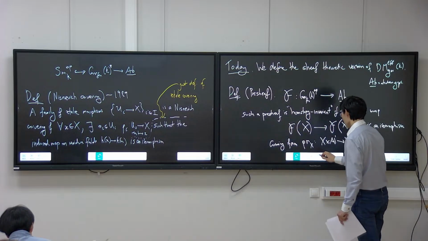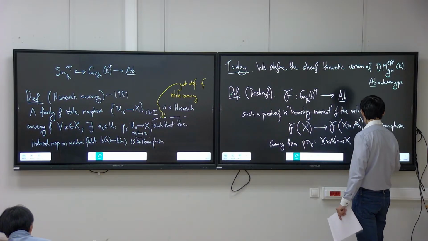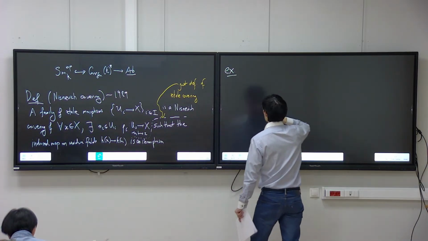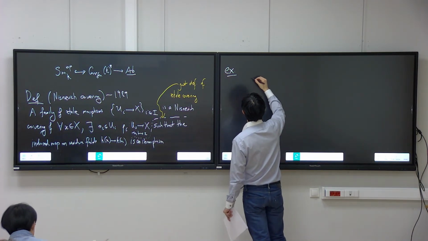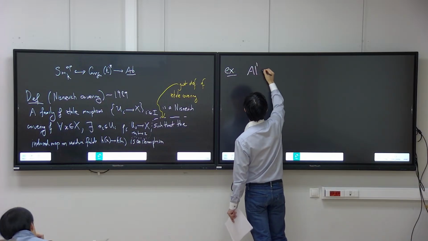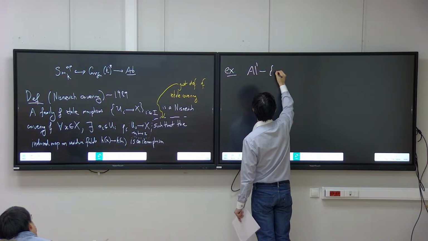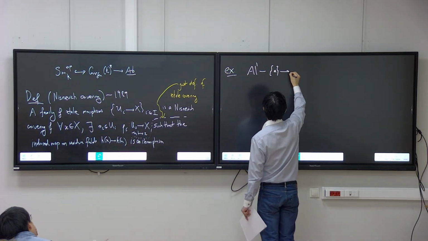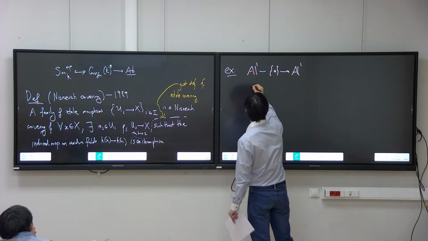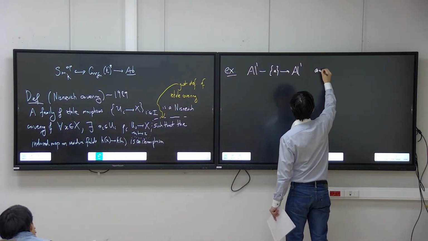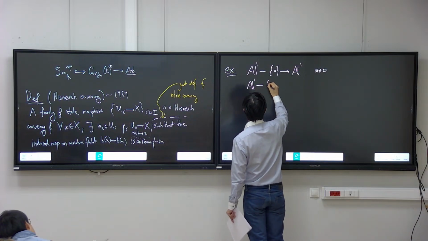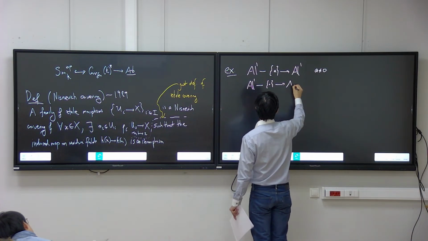So for example, if I have such a covering, let's say A^1 minus some point a, where a does not equal 0, and then A^1 minus 0 to A^1.